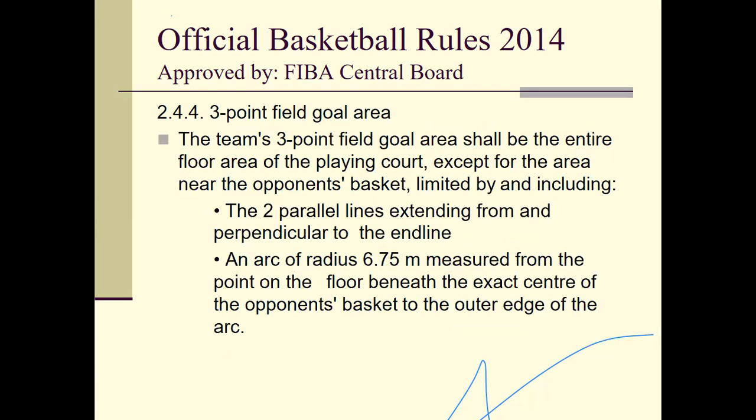Okay, then our three-point line or field goal area. A team's three-point field goal area shall be the entire floor area of the playing court, except for the area near the opponent's basket, limited and including the two parallel lines extending from and perpendicular to the end line, and an arc that has a radius of 6.75 meters measured from the point on the floor beneath the exact center of the opponent's basket to the outer edge of the arc.